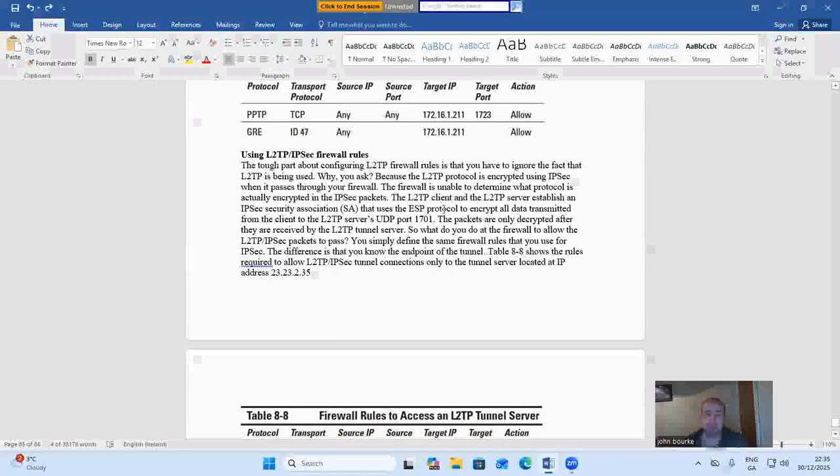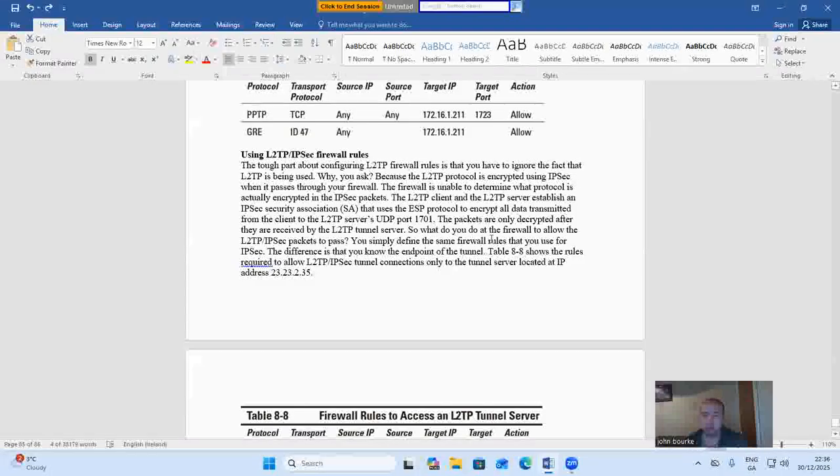The L2TP client and the L2TP server establish an IPSec Security Association, SA, that uses the ESP protocol to encrypt all data transmitted from the client to the L2TP server's UDP port 1701. The packets are only decrypted after they are received by the L2TP tunnel server.